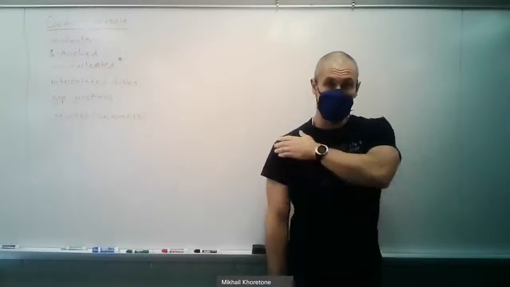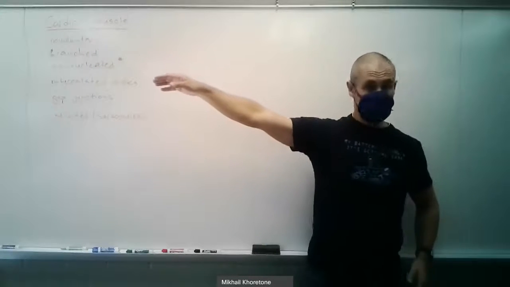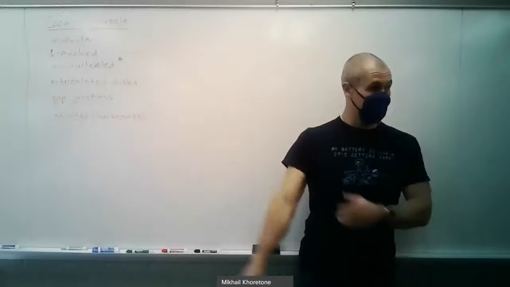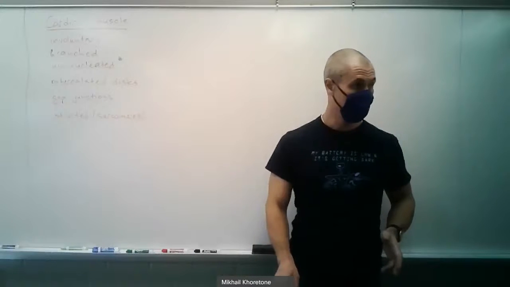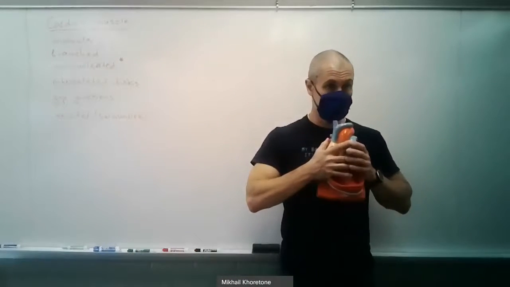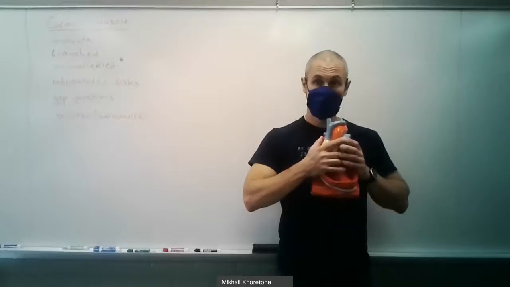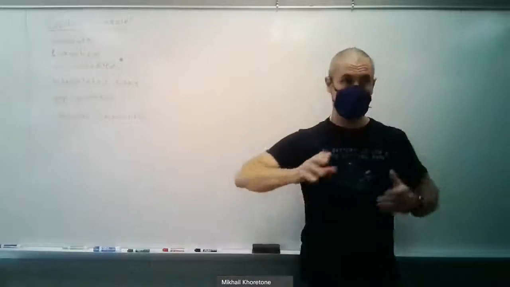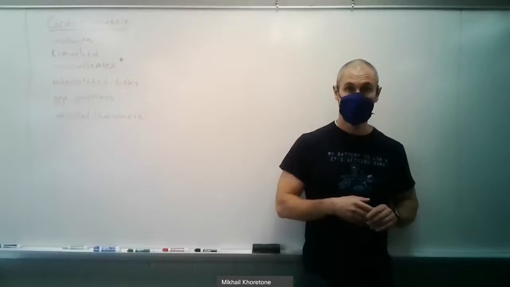When I abduct my arm, the deltoid muscle pulls unidirectionally on the humerus. In the case of the heart, it has to contract in 3 dimensions. Does that make sense? This is why branching is important, to create this three-dimensional contractile structure.